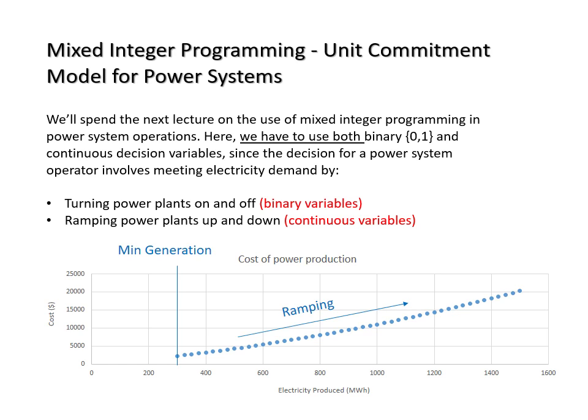Most power plants have some sort of minimum generation requirement, so they don't actually go down to producing 0. So there's some decision that's made to turn them on, and then they're producing a minimum amount of electricity. And then once they're online, the utility has to decide how much exactly they're going to produce, and they can ramp that production up until their maximum capacity.